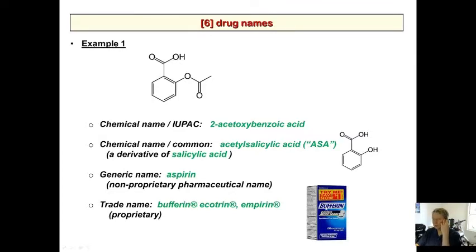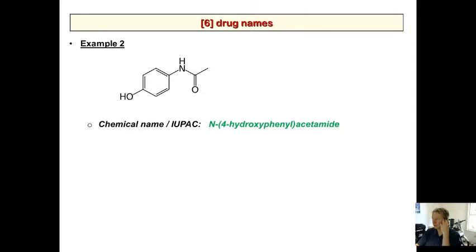Another example, of course, is Tylenol, so let's go through the naming of Tylenol. The IUPAC name is N-(4-hydroxyphenyl)acetamide. The 4-hydroxyphenyl is the hydroxy and the benzene, right?